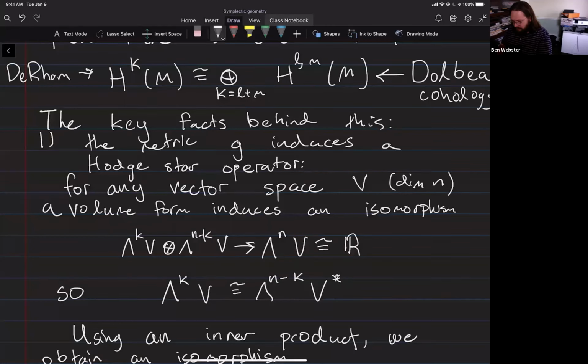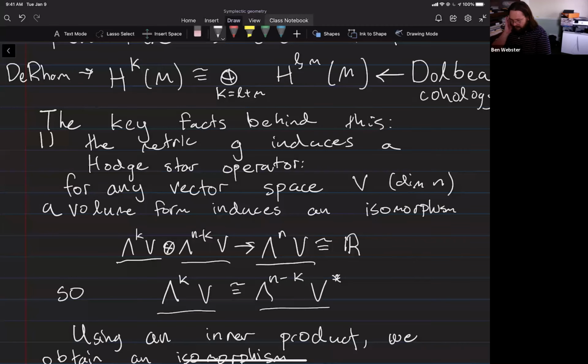So for any vector space, I have a non-degenerate pairing from the kth wedge power and the n minus kth wedge power to the top wedge power, which is one dimensional. And so if I choose an isomorphism of this to R, I will get a pairing between these two spaces. And so I get an isomorphism between wedge to the k of V and wedge to the n minus k of V dual.